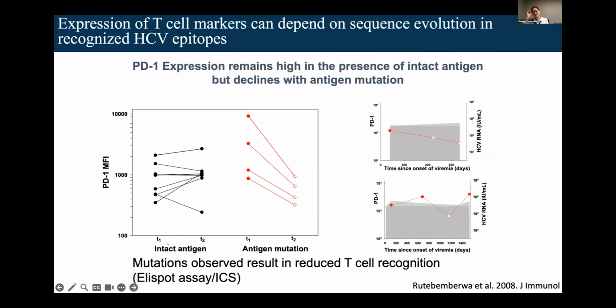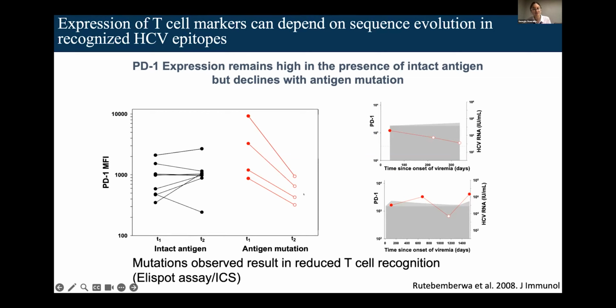And then the last thing that I'd like to say about HCV when it comes to studying the T cell response to it is this paper from my PI's lab, Andrea Cox, from 2008, where they looked at HCV-specific CD8 positive T cells and PD-1 expression. What's important is that they showed when there is no sequence evolution in the epitope that the T cell recognizes, PD-1 MFI stays the same.